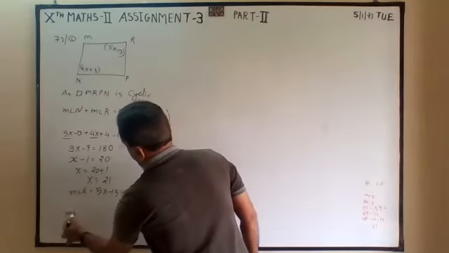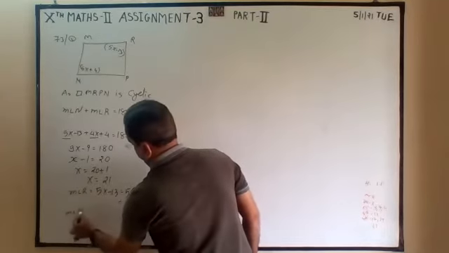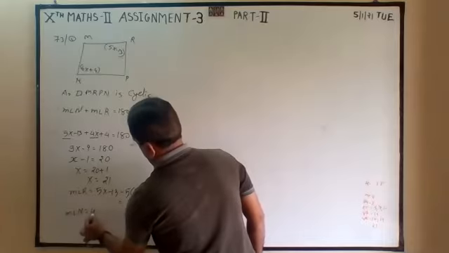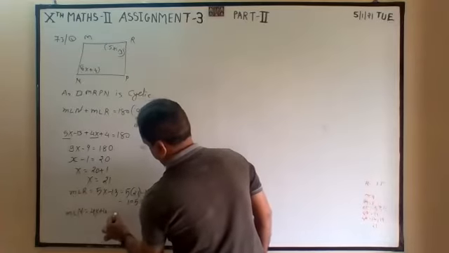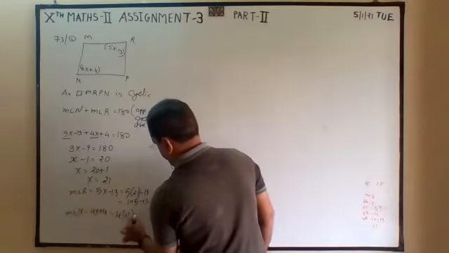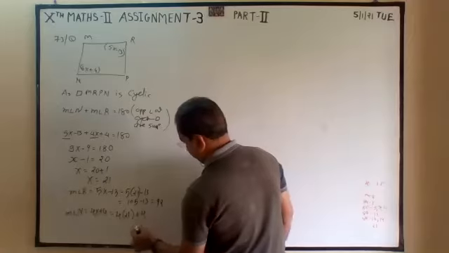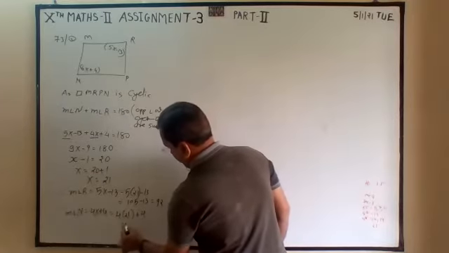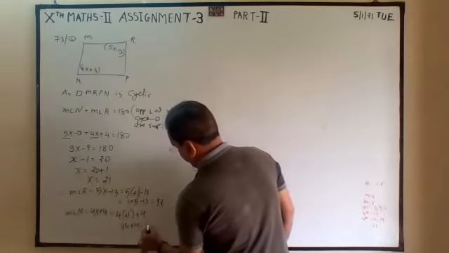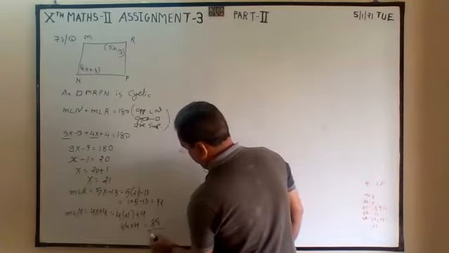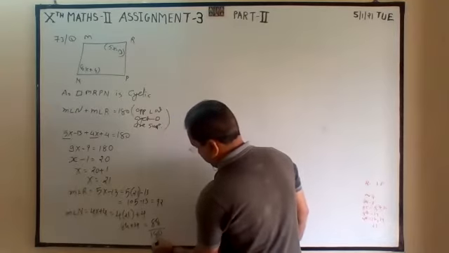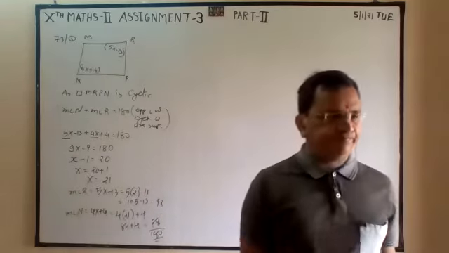So measure angle N is 4x plus 4, 4 times 21 plus 4, so 84 plus 4, 88 degrees, and the total is 180. So your answer is correct.